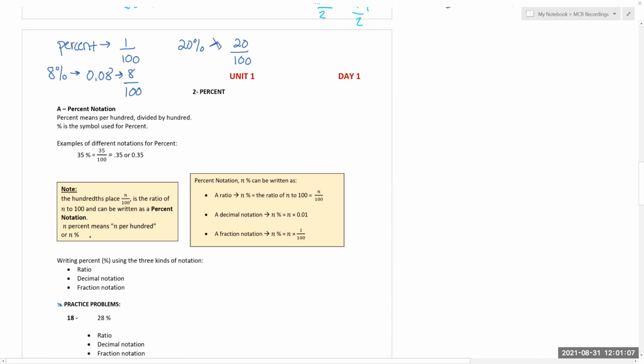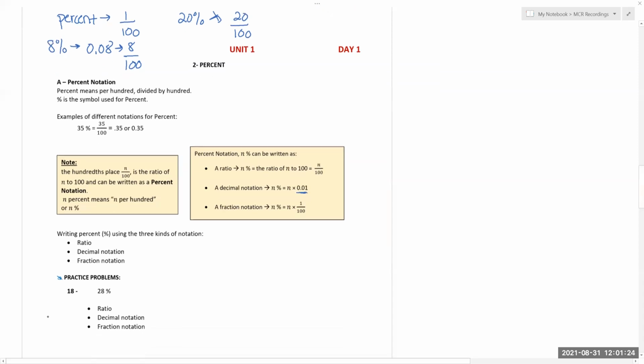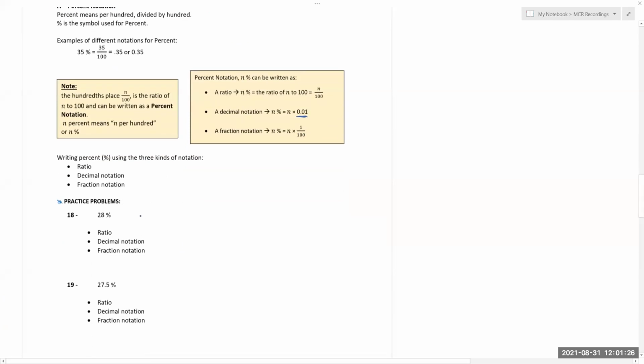All right. So for ratio notation, you put it as the percent to 100. For decimal notation, you take it and multiply it by this decimal, making it smaller, basically dividing by 100. And then for fraction notation, you write it as separate. So those are our 3 types that we might use.